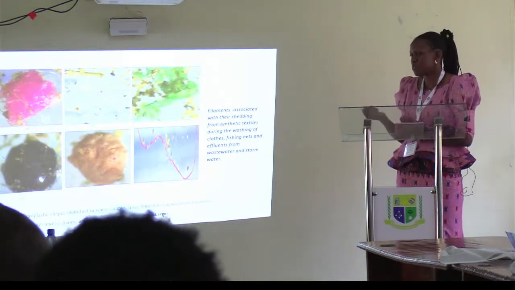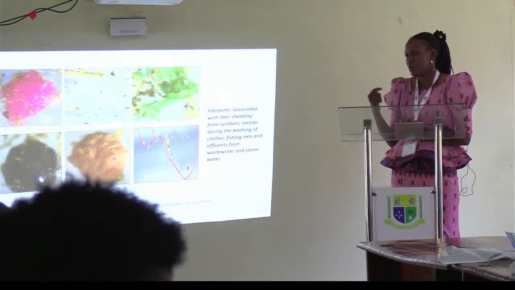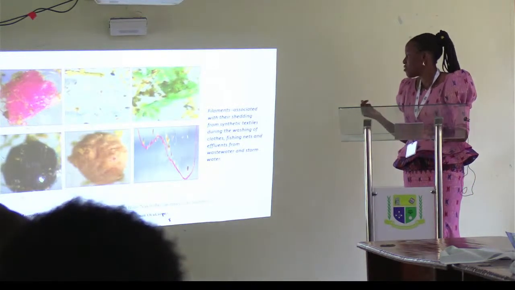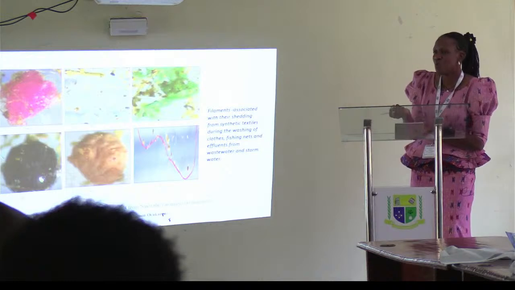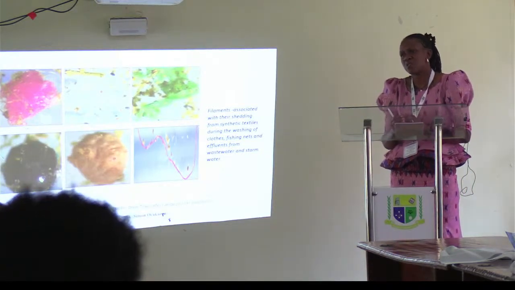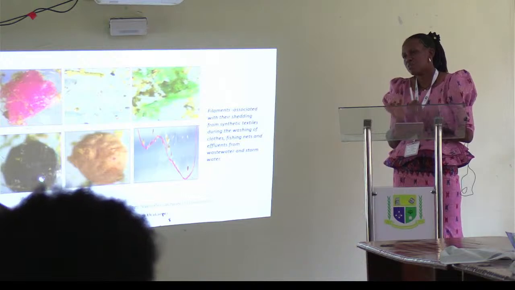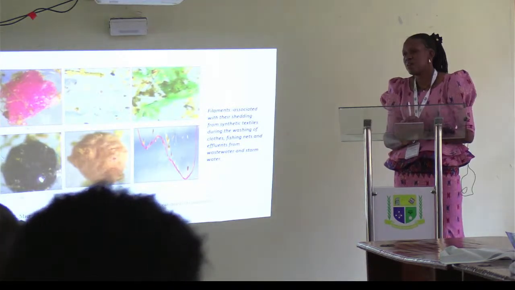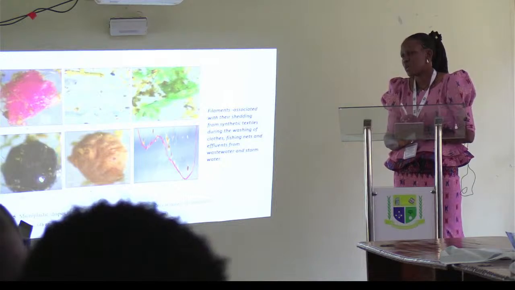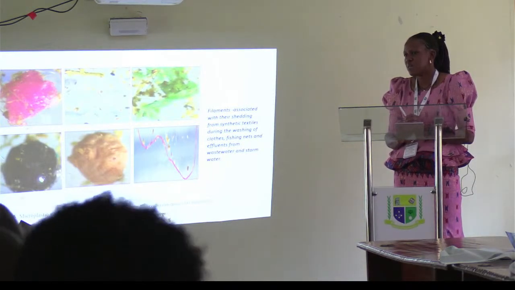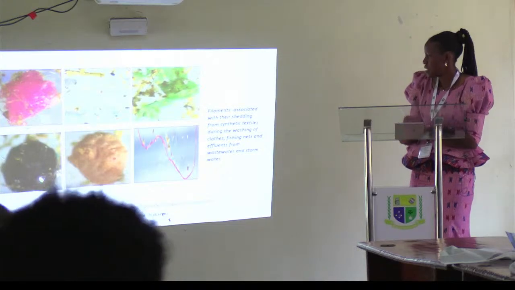Of course, we also have fishing being done, using plastic nets, and then of course the wastewater. This effluent is passing through the different areas within the city, which is going to end up within the different sources where the waste is being collected.